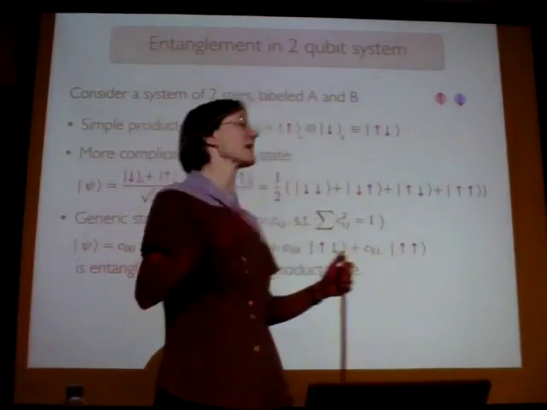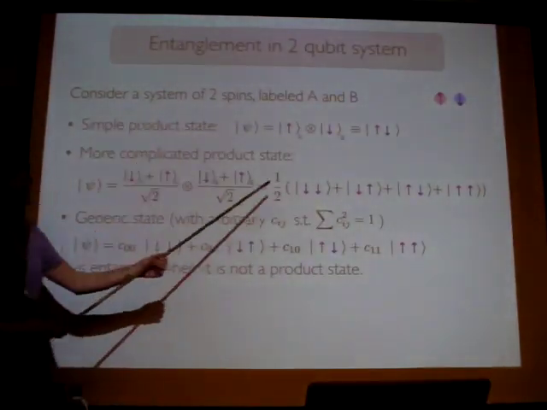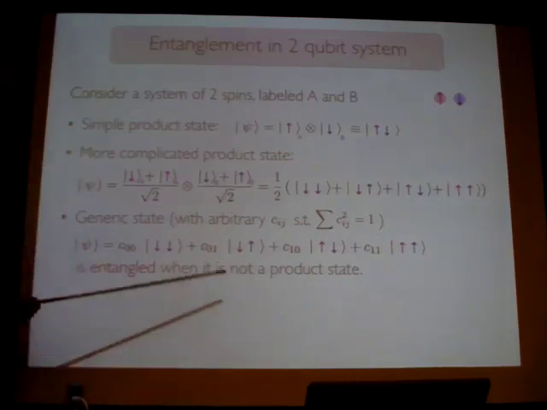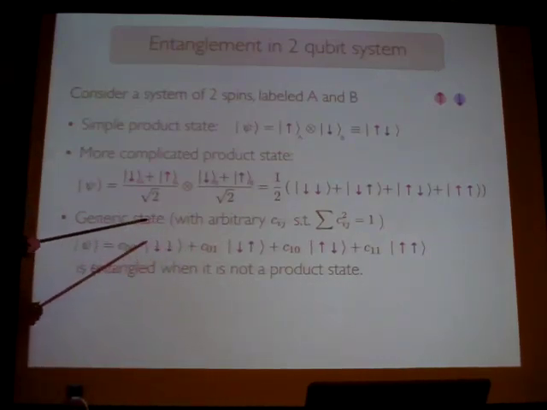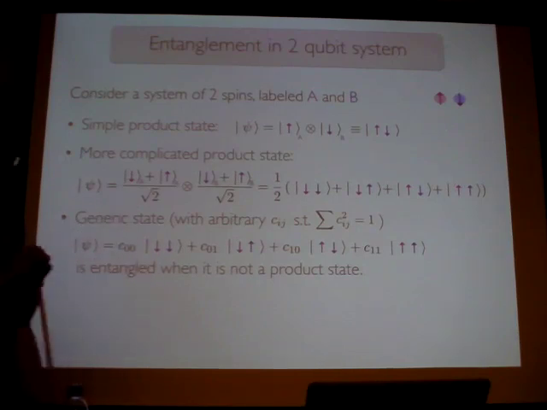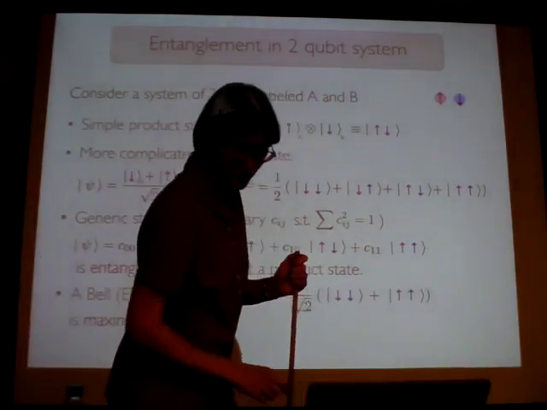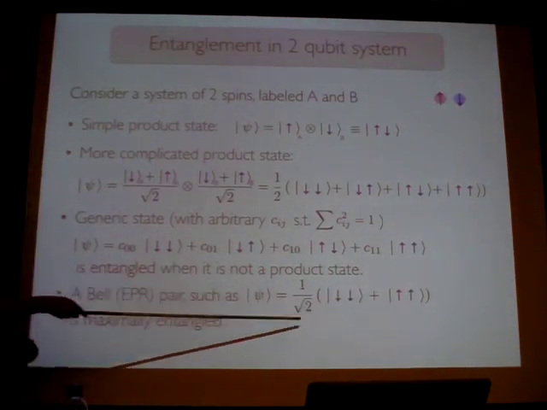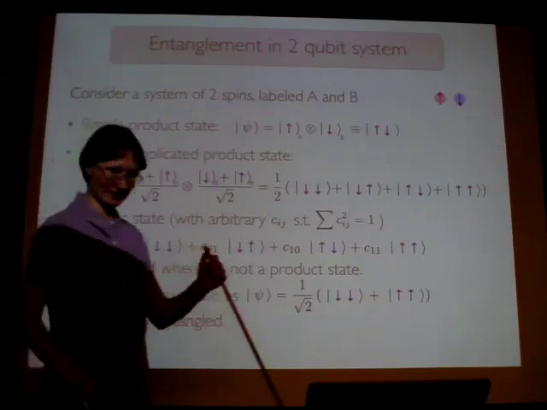But a general state with arbitrary coefficients, just subject to normalization, need not be writable as a product state. And when that is the case, that state is entangled. So the maximally entangled state is an EPR pair, or Bell pair, which is written like this.